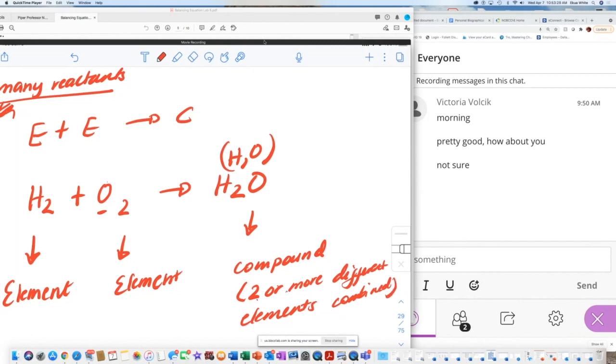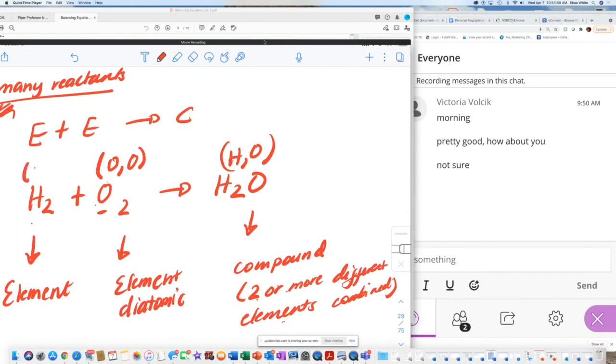The hydrogen and the oxygen are different elements. Over here, though we have two elements combined, they're two of the same element. So this is still classified as element, but it has that special name, diatomic. That means two of that element.